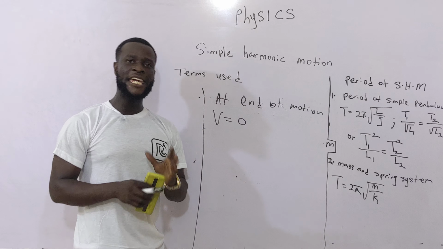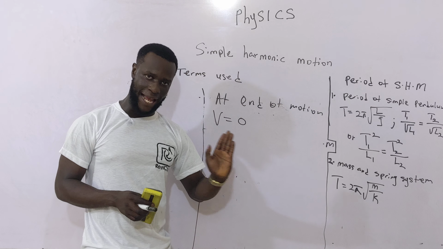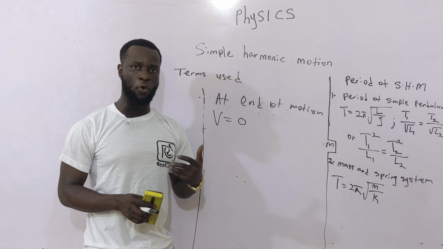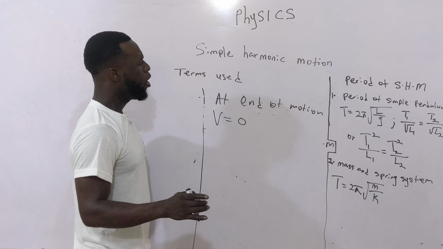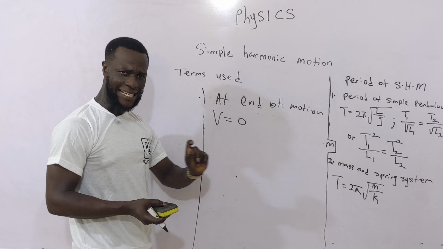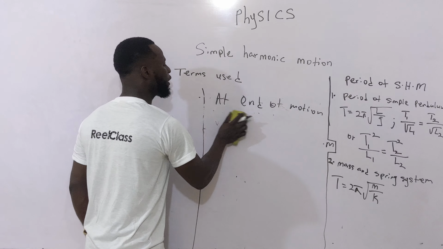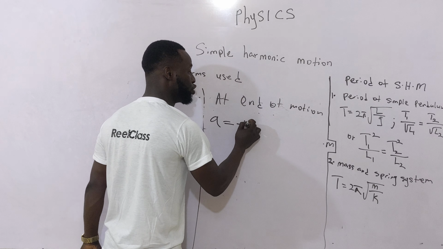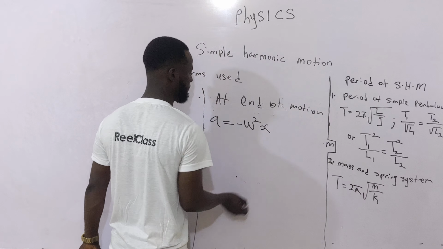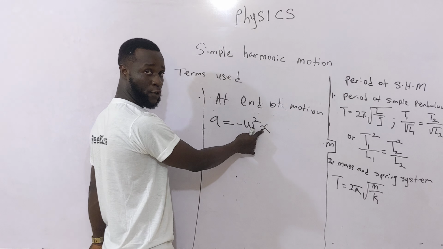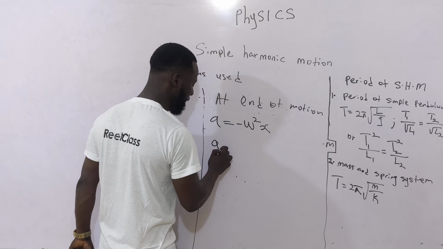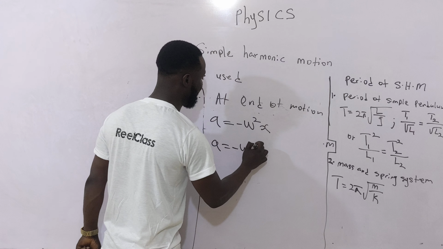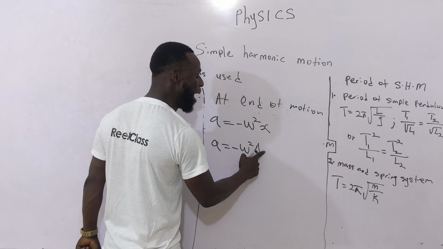And of course, if velocity is equal to 0 at the end of motion, kinetic energy will be equal to 0 at the end of motion. But what will happen to the acceleration at the end of motion? Recall that we earlier said that acceleration is equal to minus w squared x. So at the end of motion, x is equal to a. So I'll have a is equal to minus w squared a, where a is my amplitude.